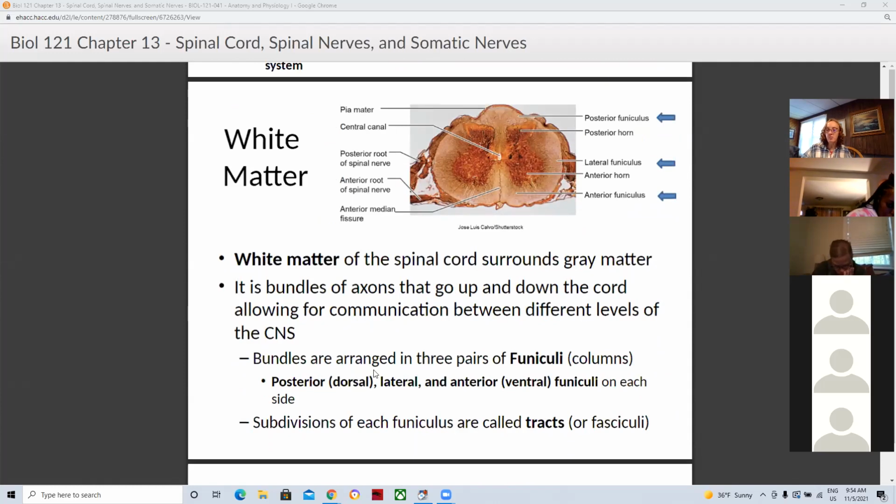The white matter of the spinal cord surrounds the gray matter. It is in bundles, the funiculi, these bundles of tracts. They go up and down the spinal cord, allowing for communication at different levels. The bundles are arranged in 3 pairs of funiculi or columns: the posterior or dorsal funiculi, the lateral funiculi, and the anterior funiculi on each side.